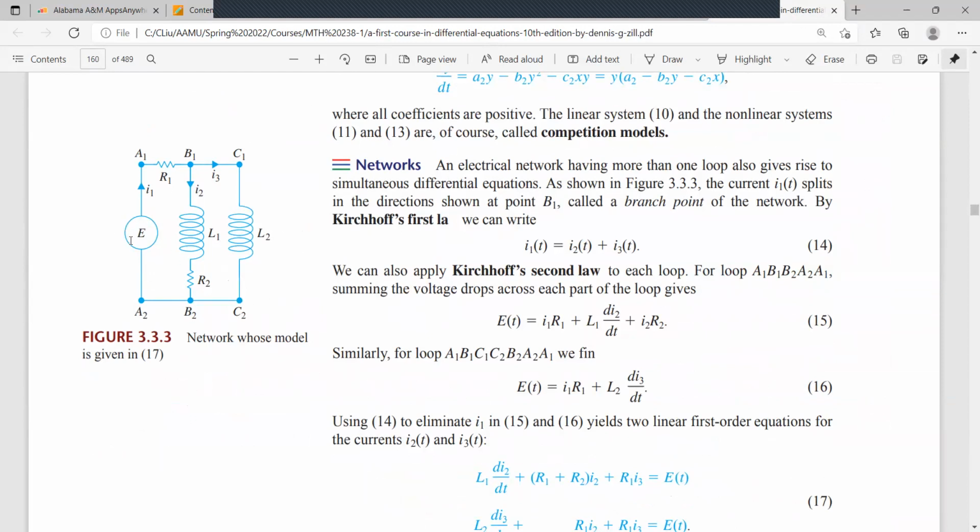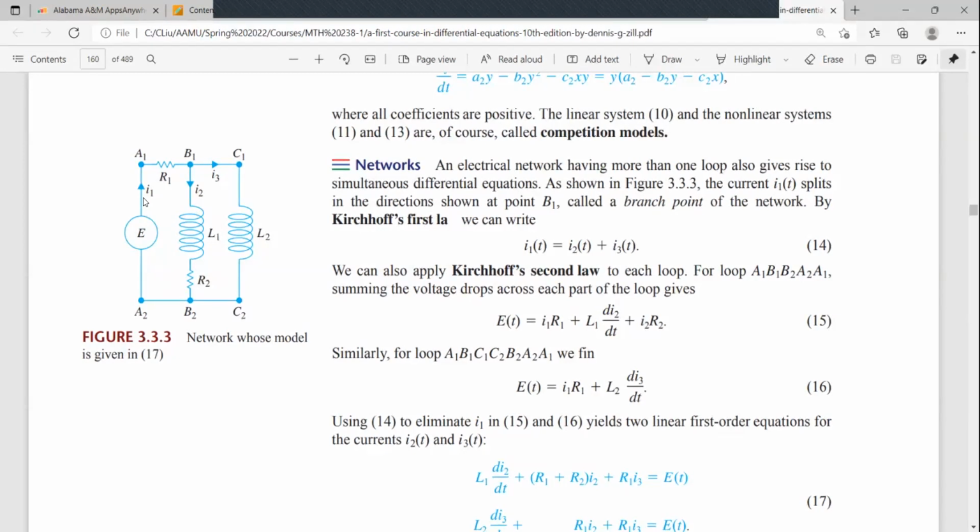We have the power E, and this network includes two inductors, L1 and L2, in parallel, and in one branch we also have a resistor R2 in series with one inductor.